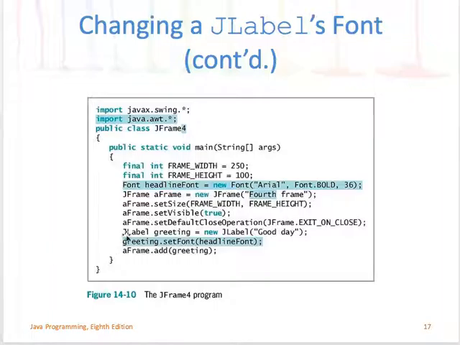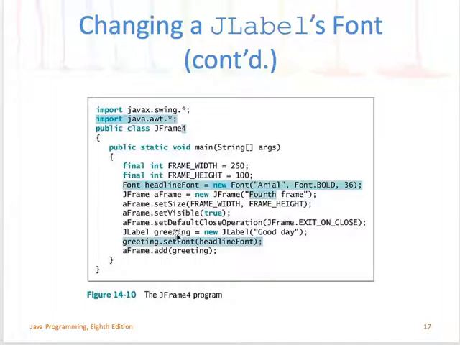Have a good day. Now on the label here, this is what I was talking about. It's called JLabel greeting equals new JLabel good day. So the variable is called greeting, and the object is greeting, and this is the value in it. It's called good day. It could be anything.